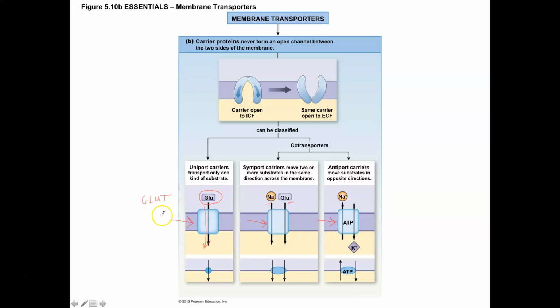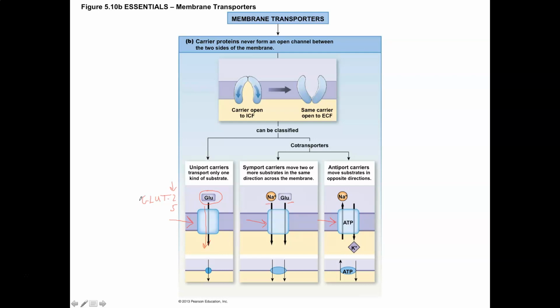We'll talk more about these, but glucose transporter, GLUT, they may have a number associated with them, so it might be a GLUT2 or a GLUT5. Those numbers just represent locations within the human body. So as long as it says GLUT, then we know it's a glucose transporter. And since it's moving one molecule, it's a uniport.